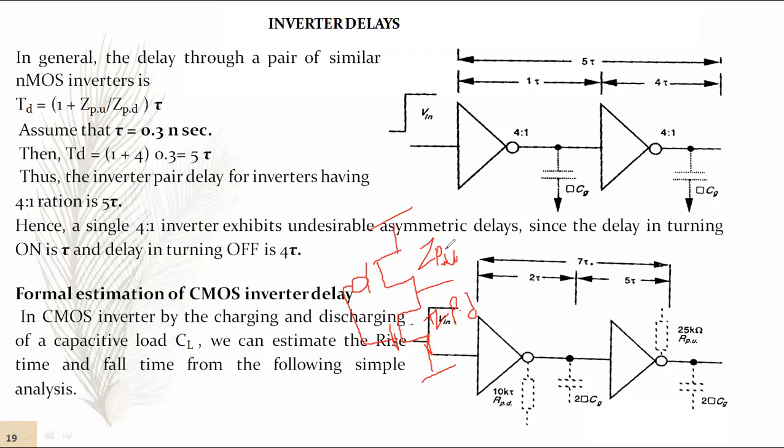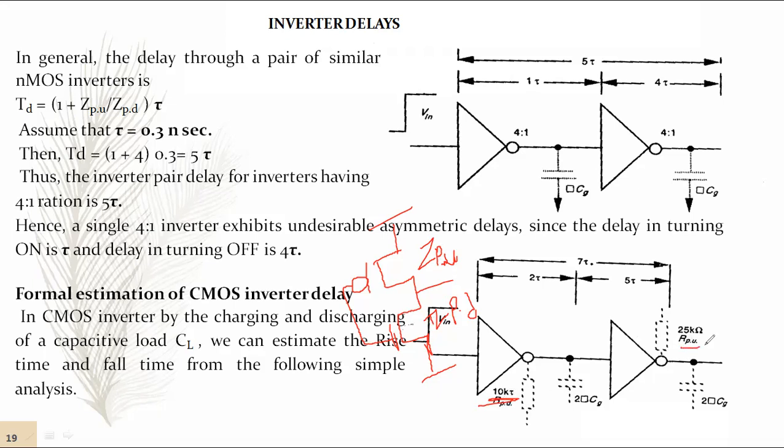The sheet resistance of the NMOS device is 10 kilo ohms. Sheet resistance of pull down is 10 kilo ohms. Sheet resistance of the pull up, that is PMOS, is 2.5 times greater than that of the NMOS.